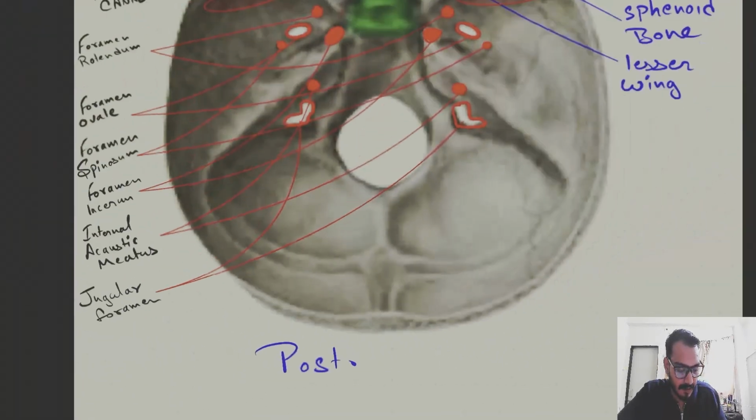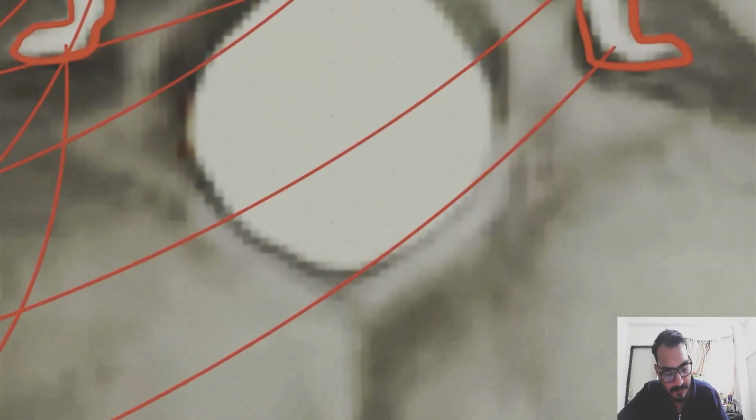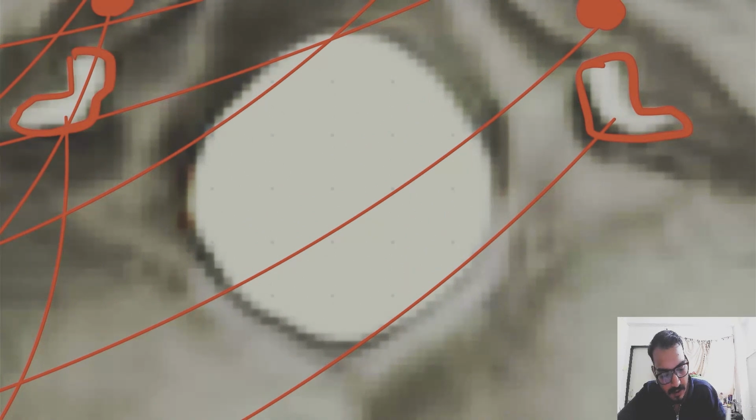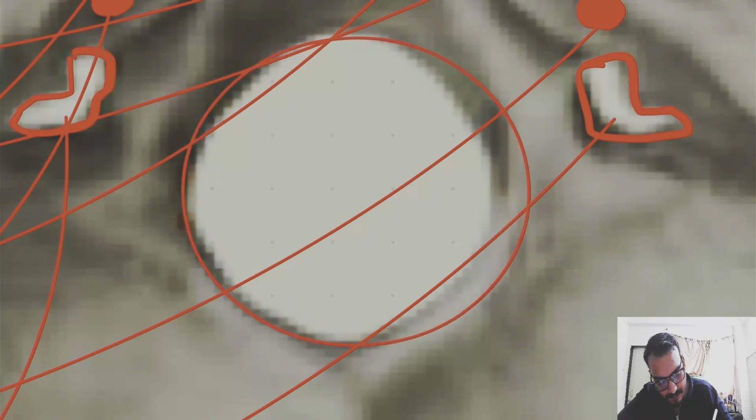And the last one, the biggest hole, this one. The biggest hole here, guys. It is known as foramen magnum.